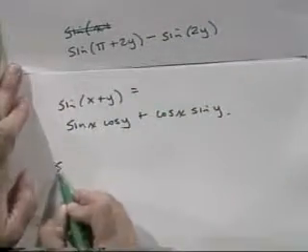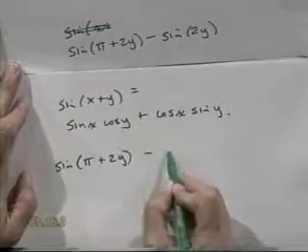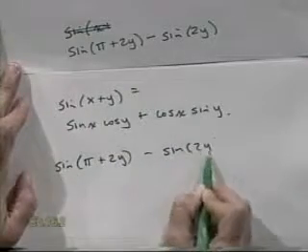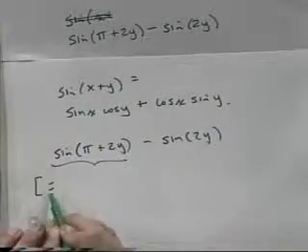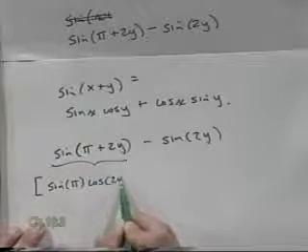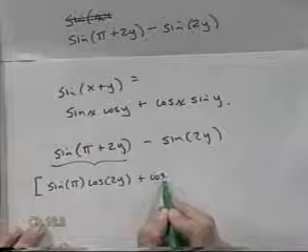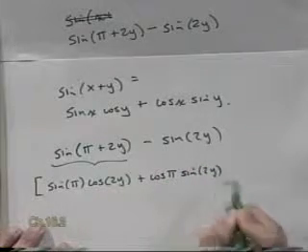Well, taking this, look what I have here then. I have my inner integral was sine of pi plus 2y minus sine of 2y. And using my sum formula here, this is equal to sine of pi cosine of 2y plus cosine of pi sine of 2y.